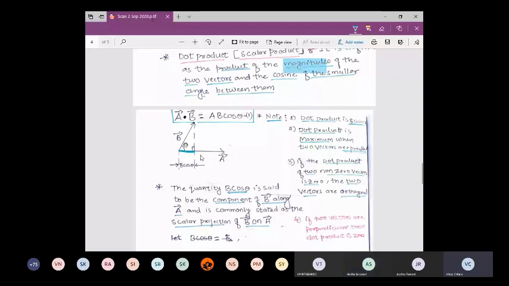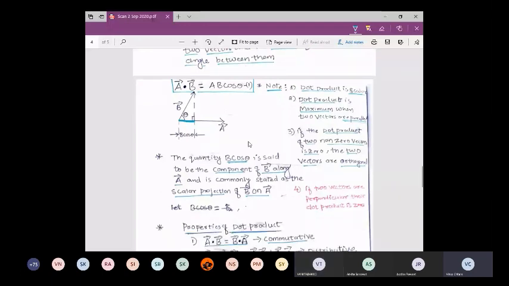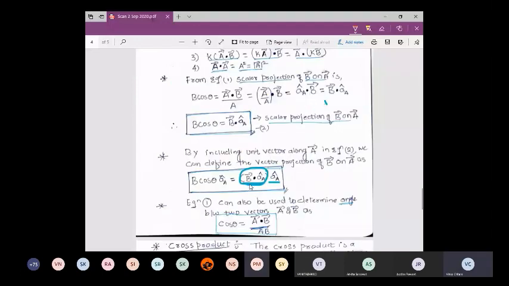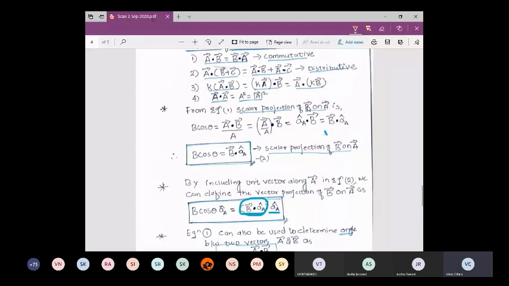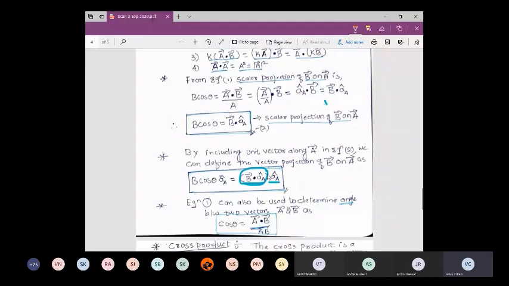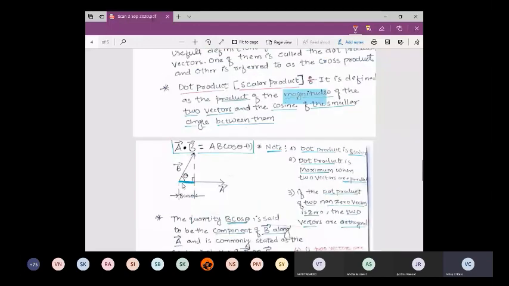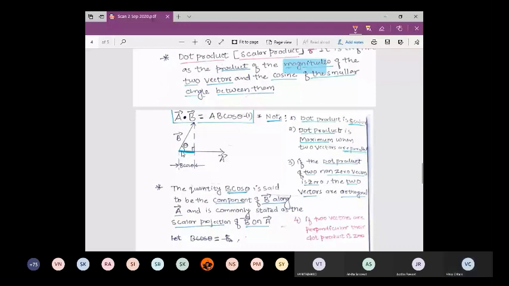Because just now we said that the scalar projection of B on A is given as B dot unit vector along A. So when I say scalar projection, it tells only the magnitude of this particular line. Now I was interested to represent this line as a vector.